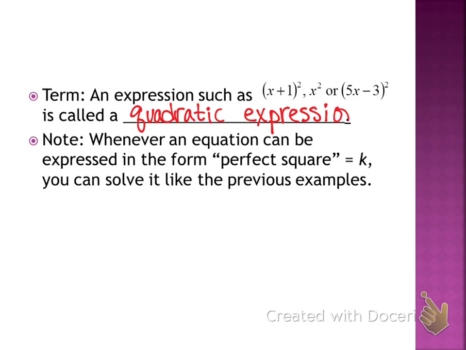So because it's got a square on it, that's why they're called quadratic. Even though the squared isn't necessarily just on the x, the whole thing's getting squared on some of these. Whenever an equation can be expressed in the form perfect square, whatever that might be, is equal to k, you can solve it like the previous examples.